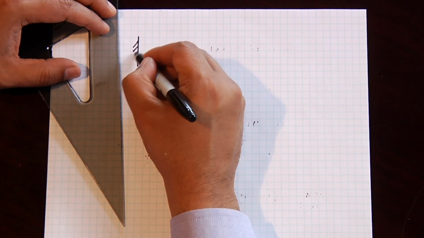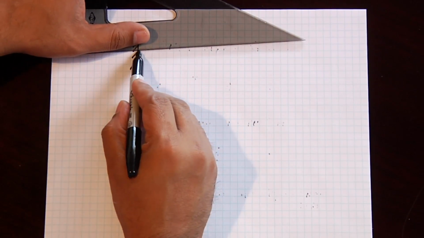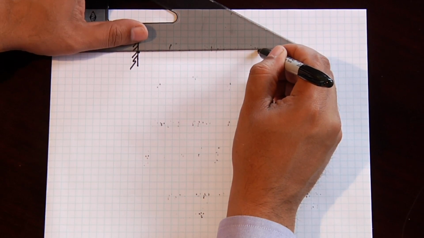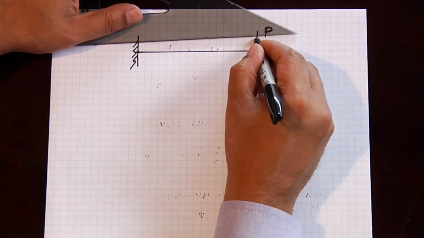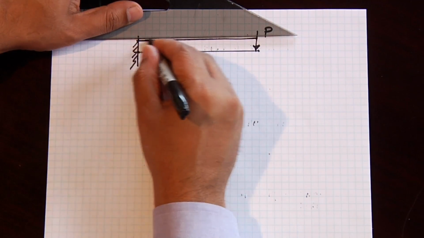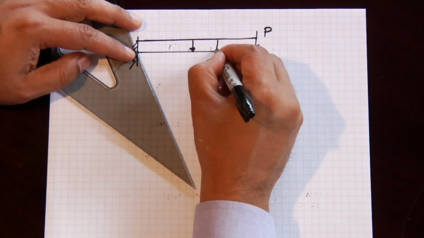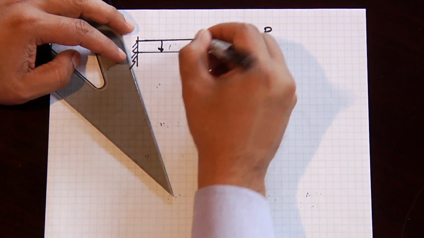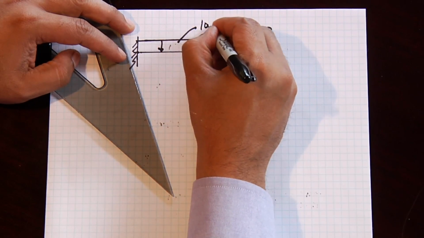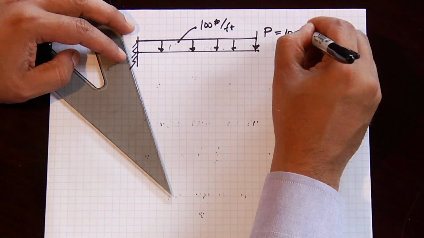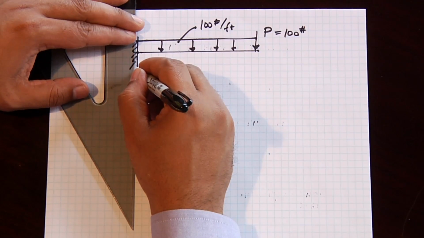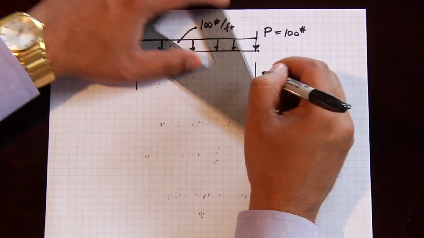So the cantilever beam fixed on one end with a concentrated load and a uniform load. The uniform load will use 100 pounds per foot. The concentrated load of 100 pounds will make a span length of 10 feet.